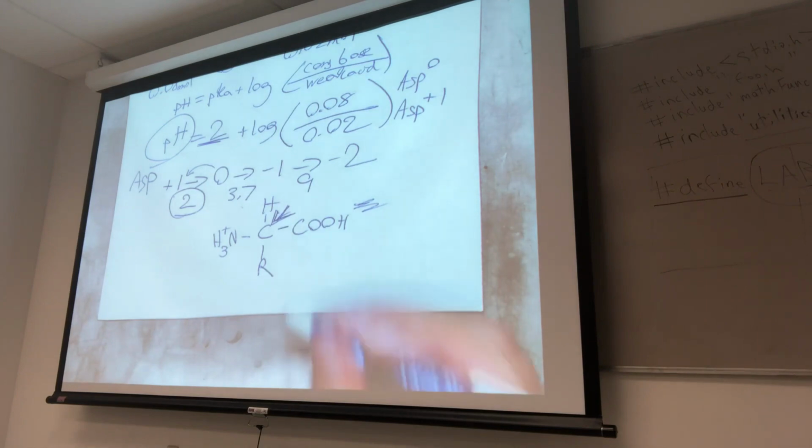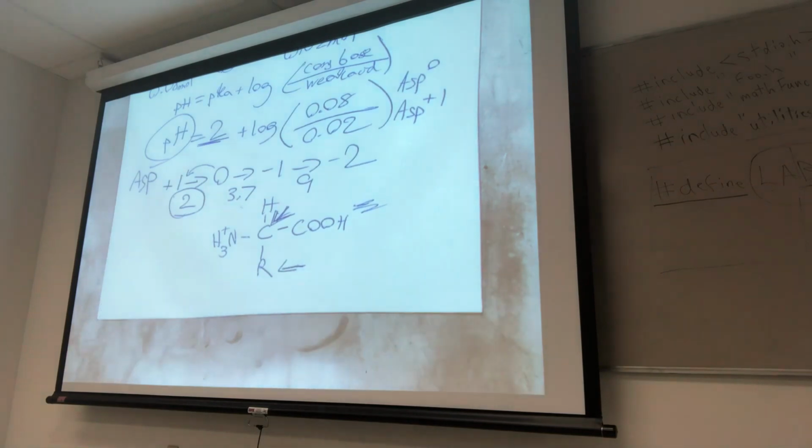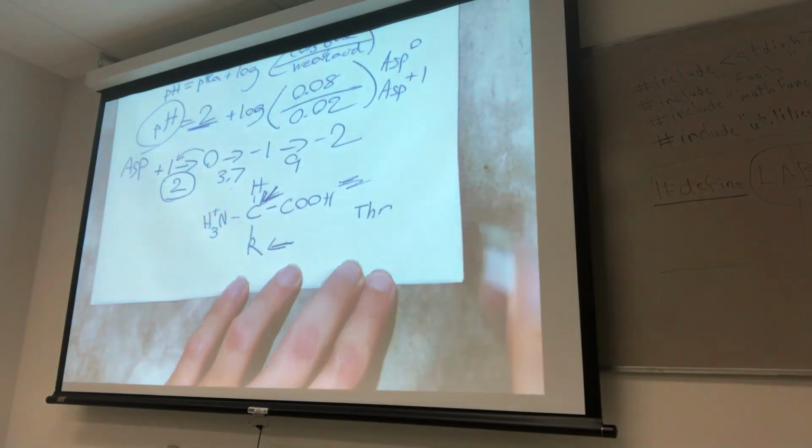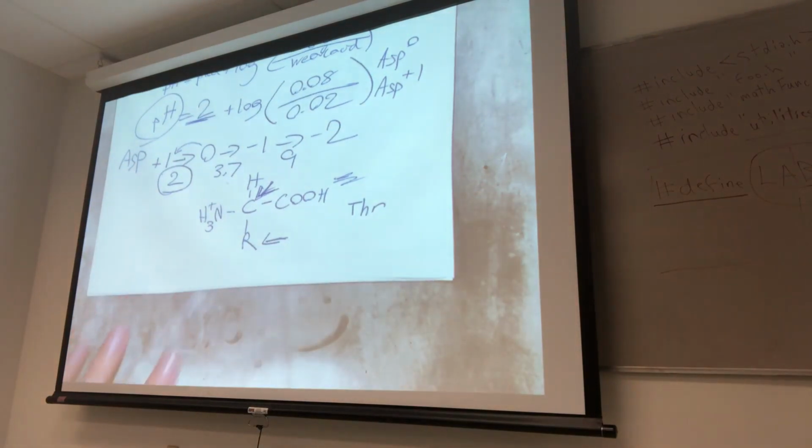Some of them have a second chiral center somewhere in here, okay? One big example, I believe, is threonine. I'm not going to draw it. So you go draw it out and you confirm for me later that threonine has a second chiral center. And again, to identify chiral centers, it's a carbon attached to 4 different things, okay?